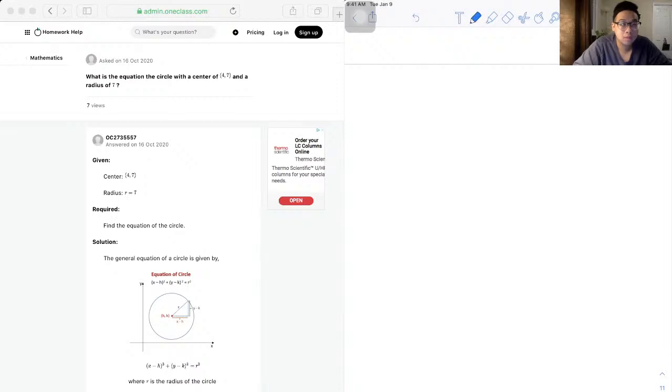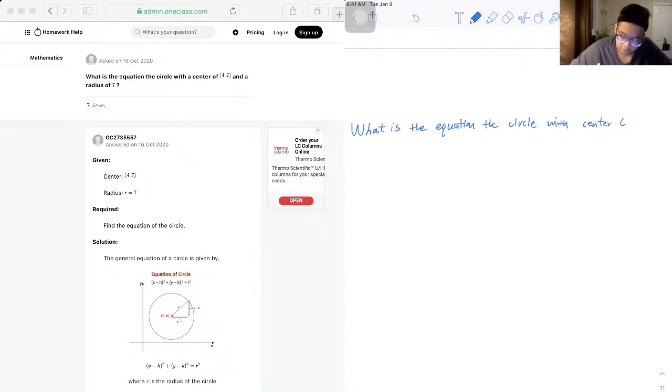All right, so our next question is asking us, what is the equation of a circle with center 4, 7 and a radius of 7?